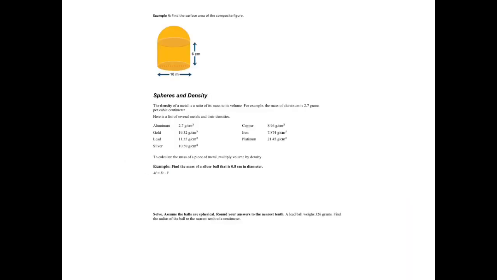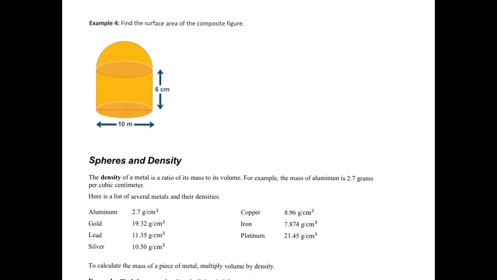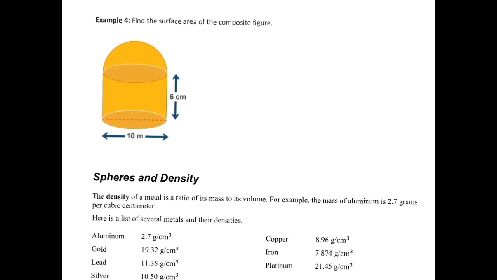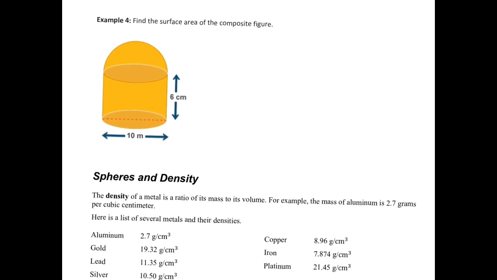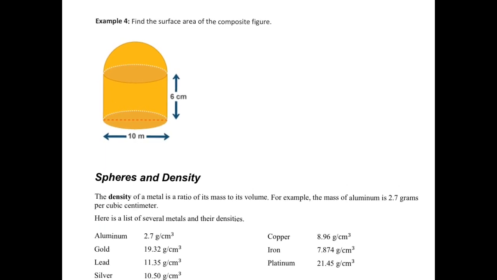All right, let's go to our next example. Our next example looks like we have a composite figure. So we're going to find the surface area of the composite figure. So let's see, it looks like I have a hemisphere.